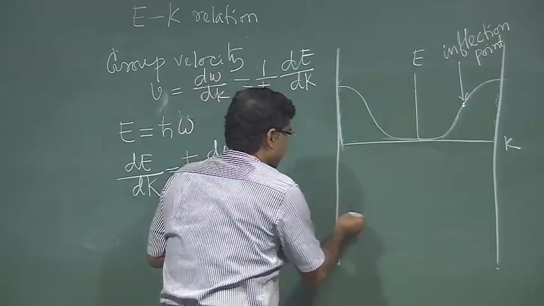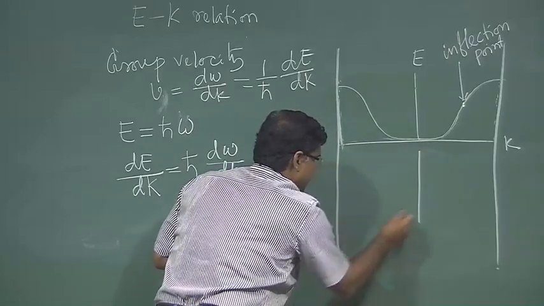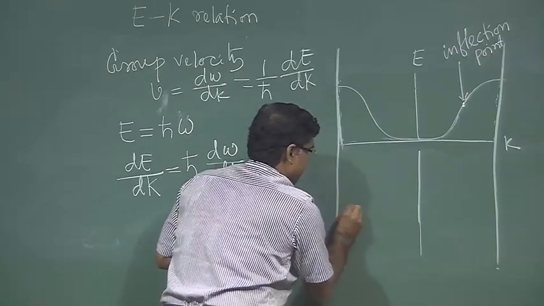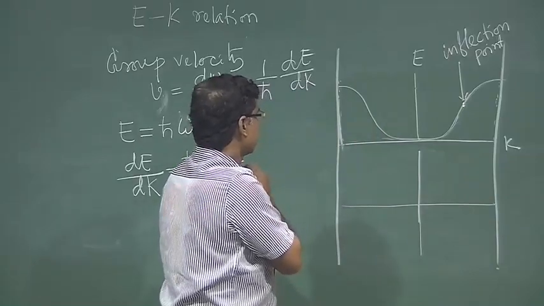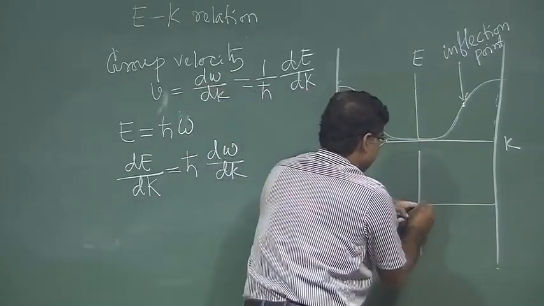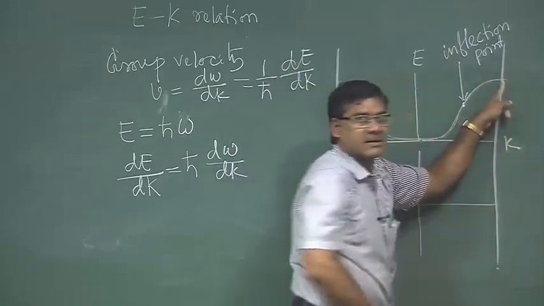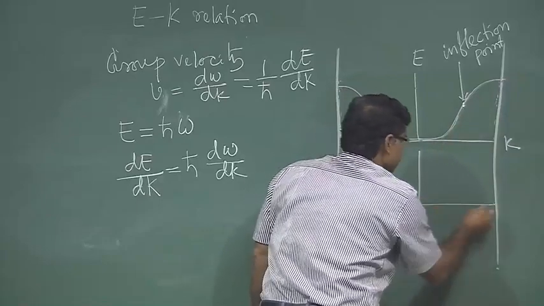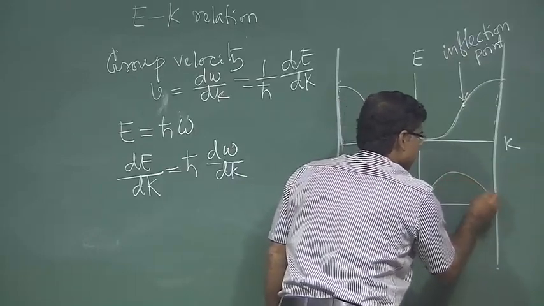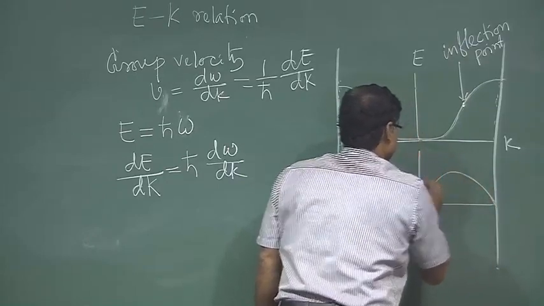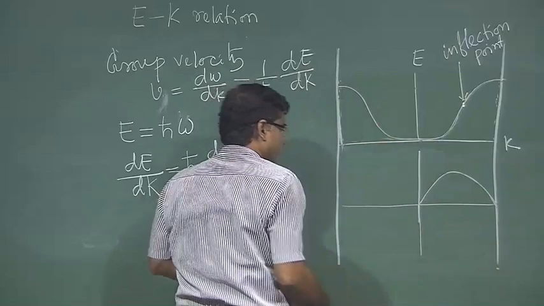If you draw the corresponding velocity, what will you get? Here the velocity is 0 because the slope is 0, and here also it is flat, so velocity is 0. In between you will get a maximum, and on the other side it is negative.